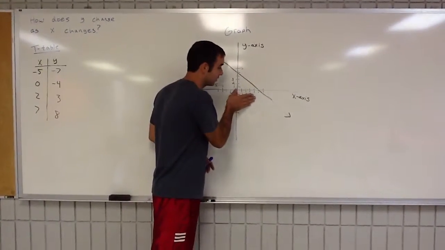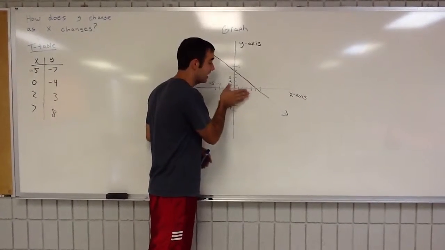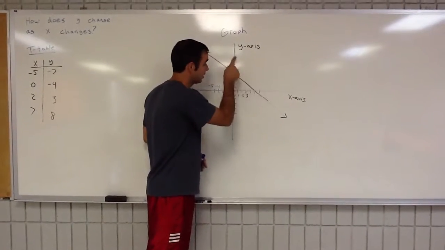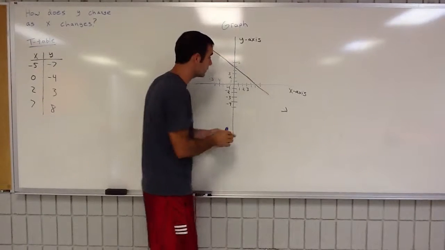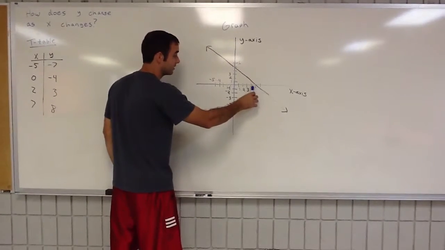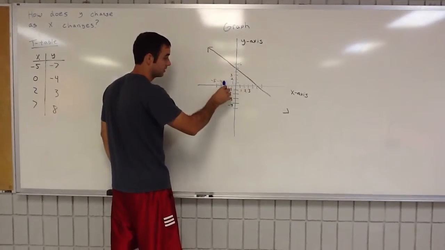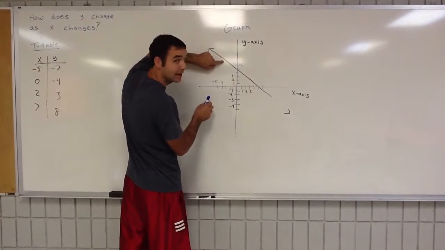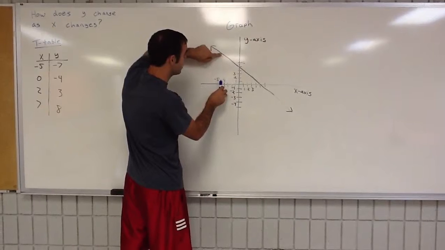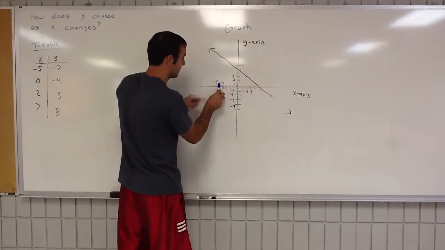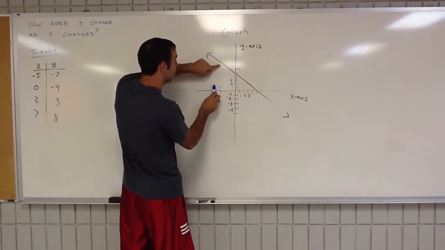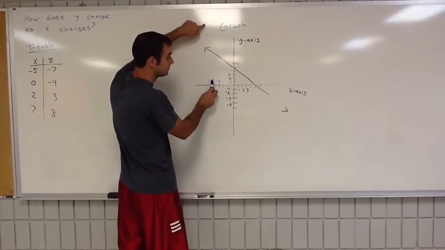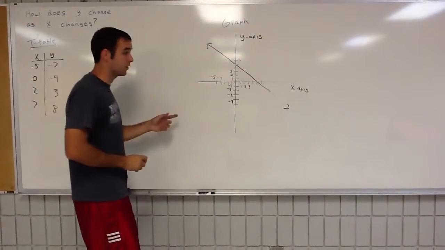So as x is greater this way, the y value goes down. As x gets less and less, the y value, how high it is on the graph, the y value goes up. Okay, so as x gets less, the y value goes up in this case. Okay? That's for a graph.